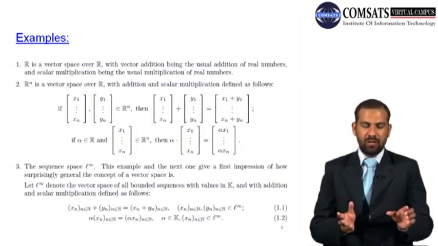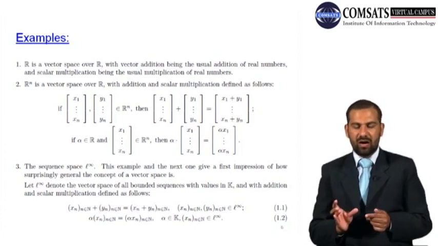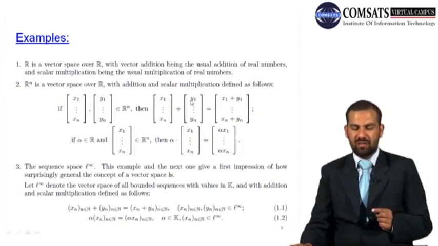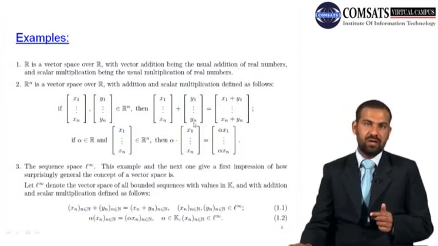Whenever two vectors belong to Rn, their addition is the component-wise addition, meaning x1 is added to y1, x2 is added to y2, and so on, up to xn added to yn.